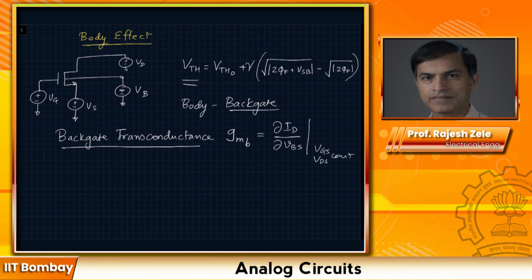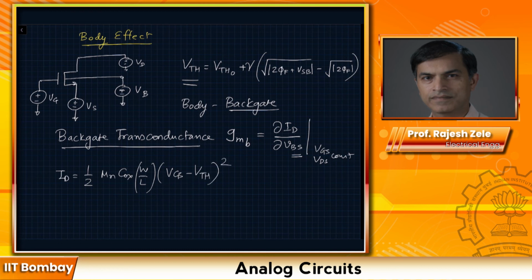So when we calculated our regular Gm, we had VGS in this location. So for back gate transconductance, we are going to calculate del ID by del VBS. So how do we figure this out? We start from our basic saturated transistor equation, which is ID is equal to half mu n Cox W by L times (VGS minus VTH) squared.